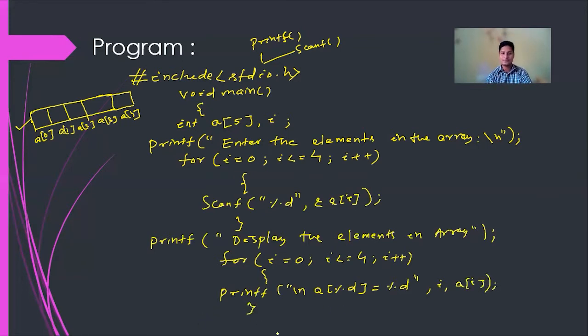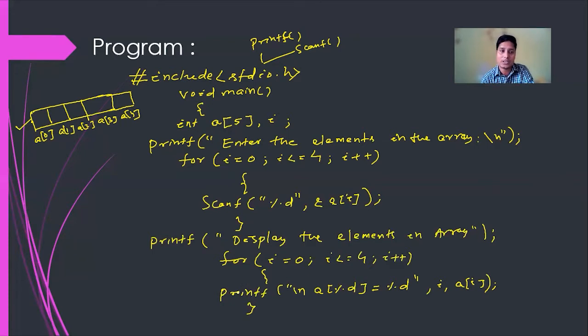Then this printf function will print the 5 elements that are stored. Then what was our goal? Our goal is to reverse the elements of the array.